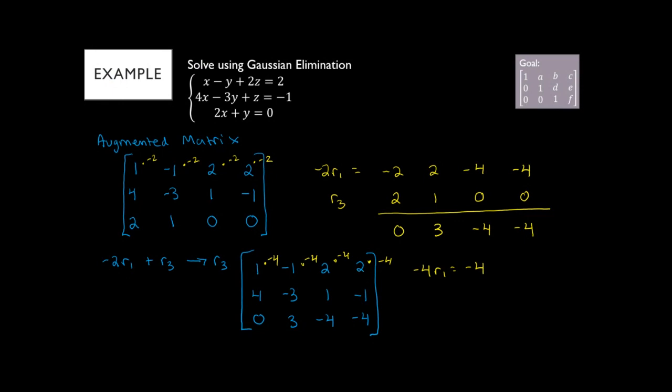So we got -4, 4, -8, -8, and then row 2, 4, -3, 1, -1, giving 0, 1, -7, and -9. So that's going to be our new row 2.